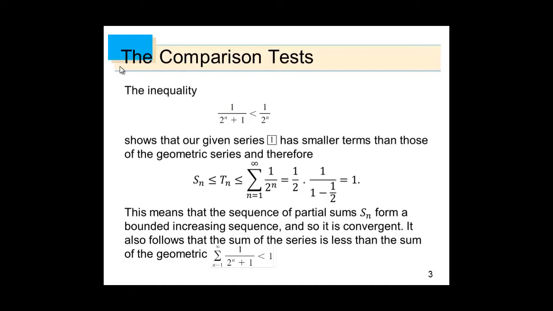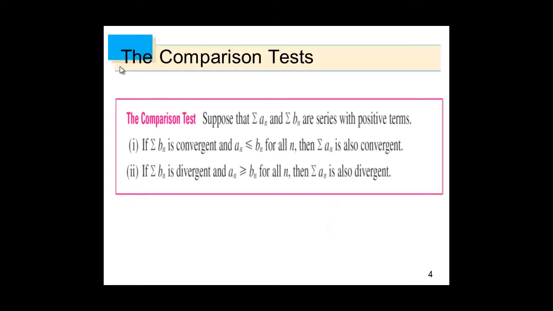So generally, how do we use this concept? Suppose that I have two series, sum of An and sum of Bn, and these are both series with positive terms.